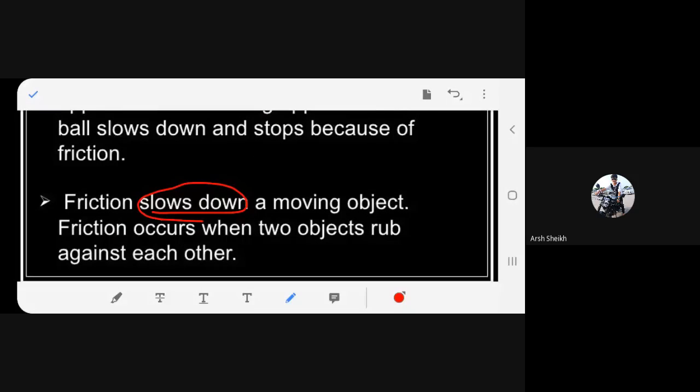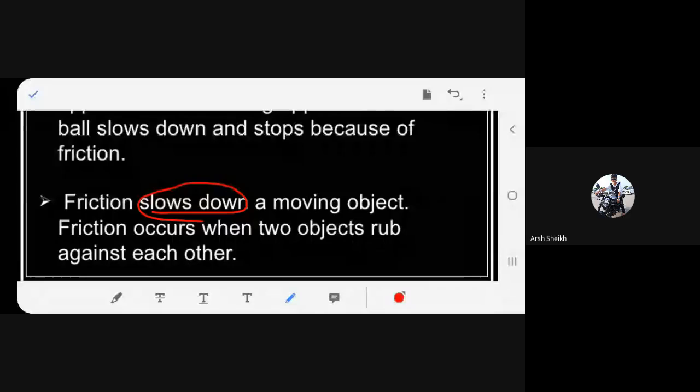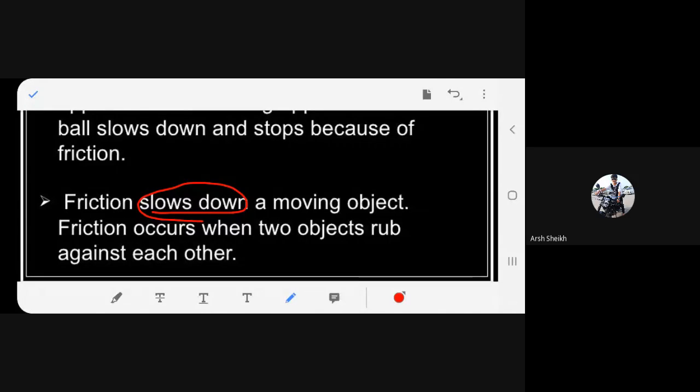You rub your hand. What is the friction? That is the rubbing of your hands. Your two hands are moving against each other, right? What do you feel? What happens when you rub your hand? We feel hot on our hand. Exactly. So what is released?